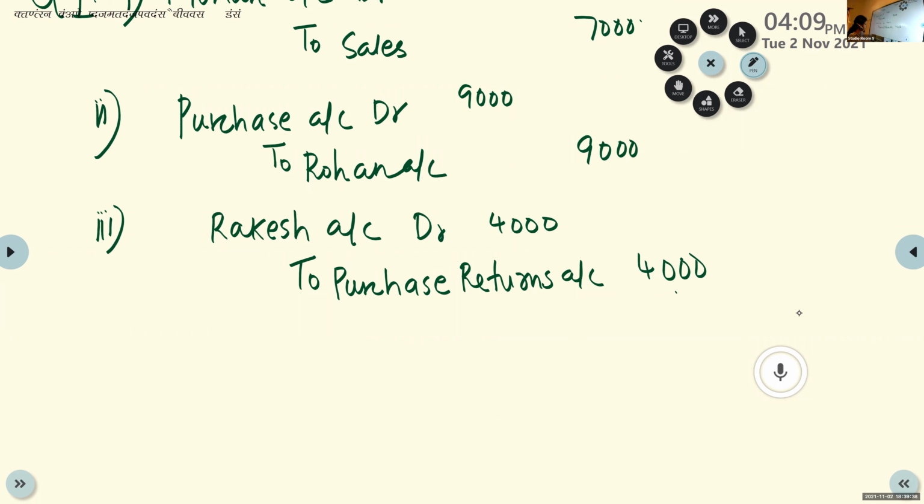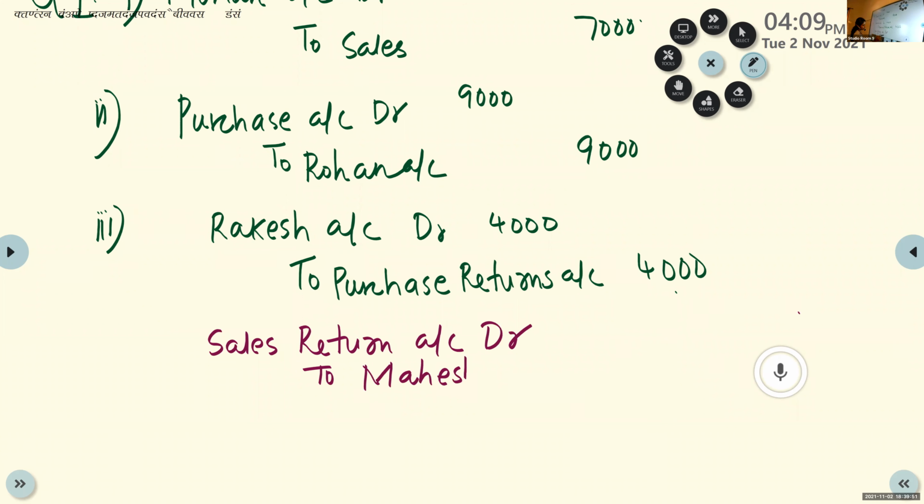So sales returns will be debit. Sales return account debtor to Mahesh. What is it? 1,000. Is it clear? Okay. Those who have completed can move to question number 2.